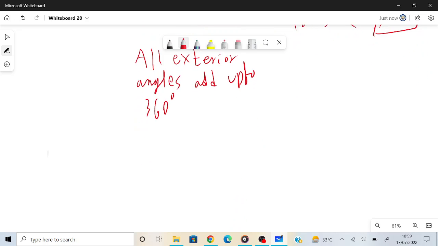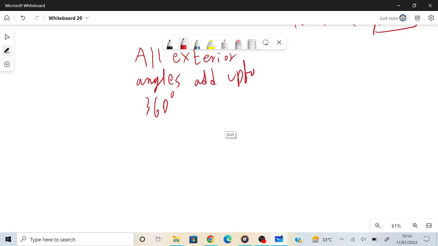So what I mean by exterior angles is, suppose I have a part of a shape, let's say something here and then something from here. We would say that this is the interior angle, and then you would say that the exterior angle is basically everything that's not the interior angle, so 360 minus that interior angle.